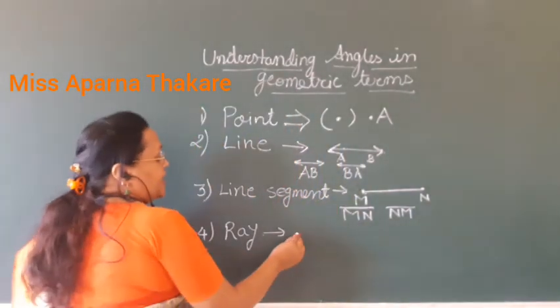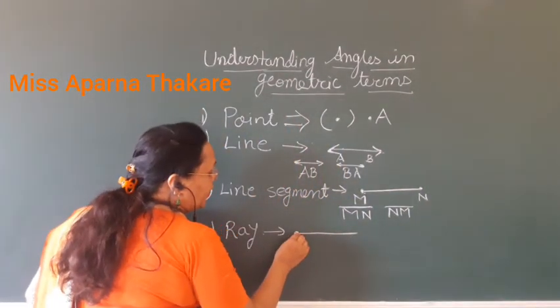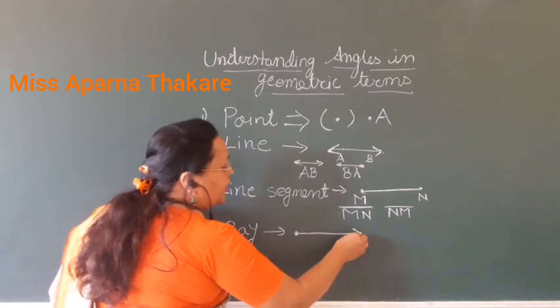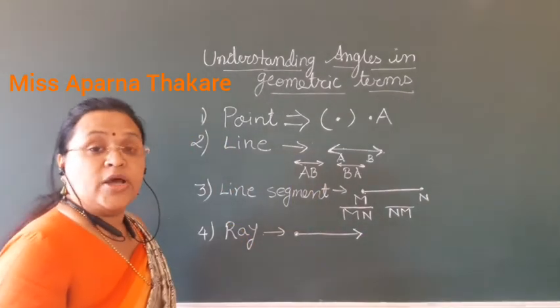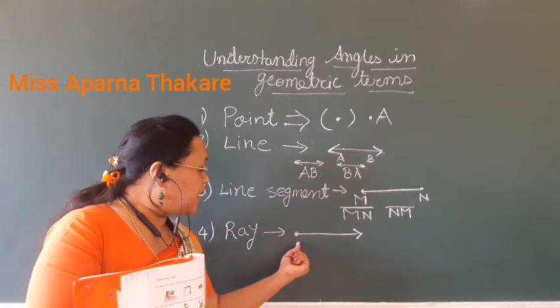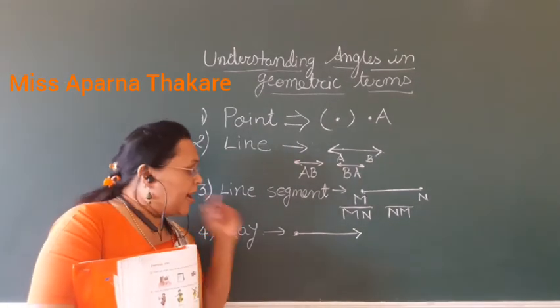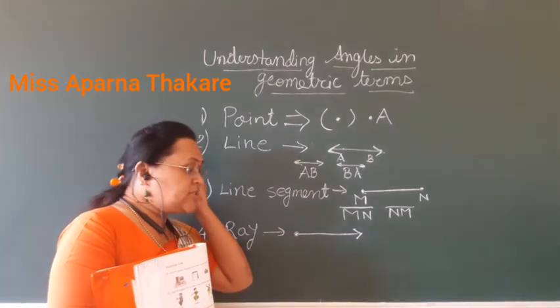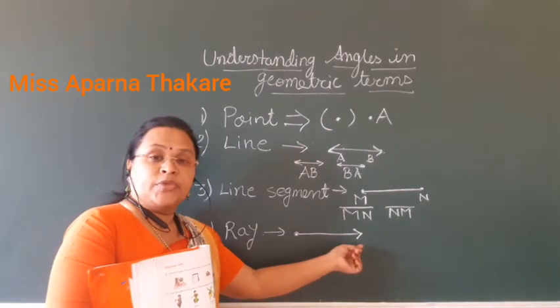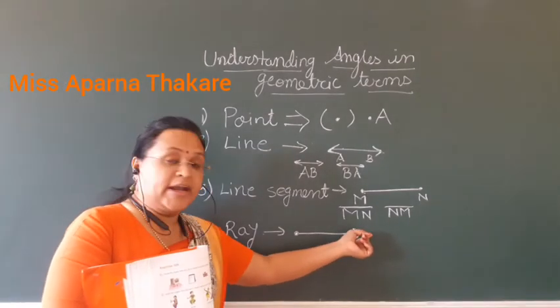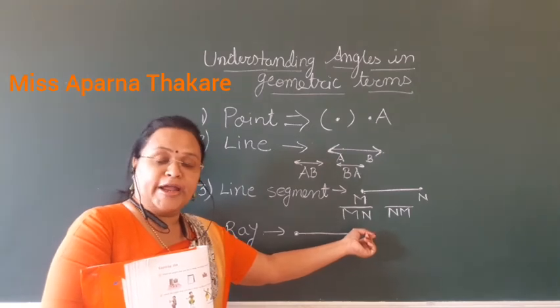It has one end point and one endless side. When we start at a point, that is the location of the point, and then we draw the ray.